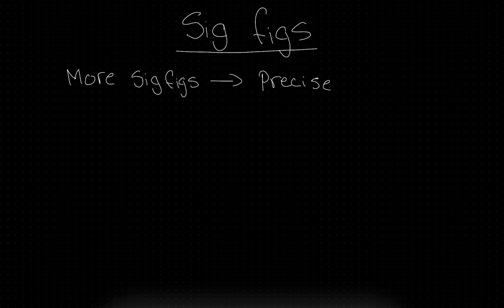Alright, so what are non-zero integers? As I said earlier, significant figures are all the meaningful digits starting from the first non-zero integer. So, non-zero integers are numbers that are not zero, right?